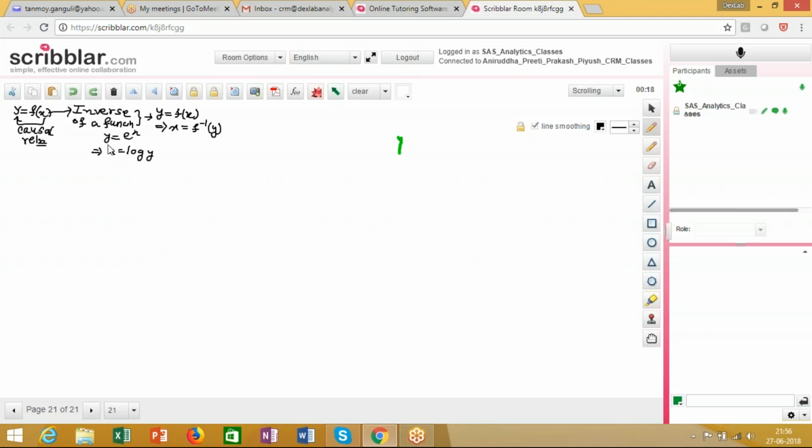So the log function is the inverse of the exponential function. So is the concept of inverse clear to us?